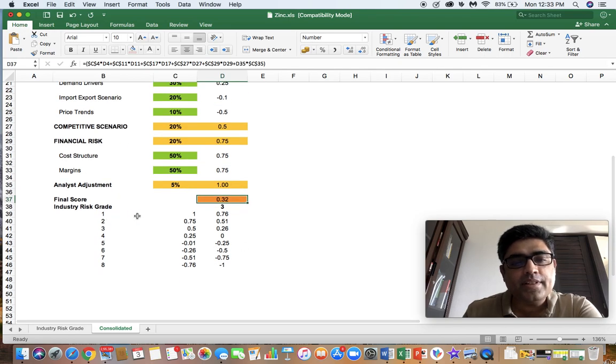Then we have a structure which is called the industry risk grade structure. So say we assign 1 for figures from 1 to 0.76, 2 as a grade for figures between 0.75 and 0.51, 3 for figures between 0.5 and 0.26, and like that, right? So that's how you create an industry risk grade structure.